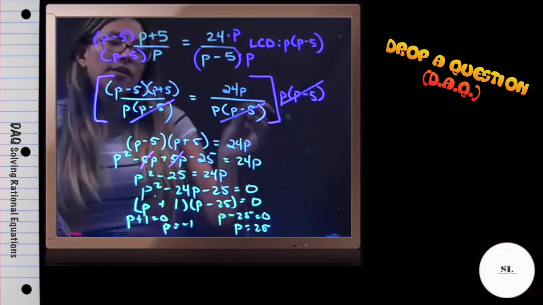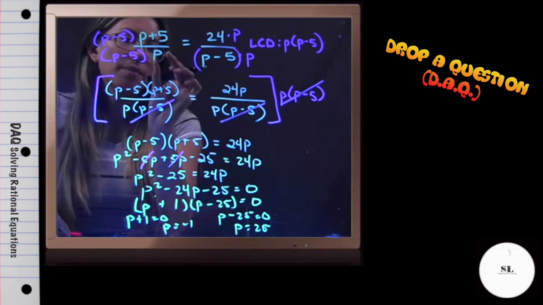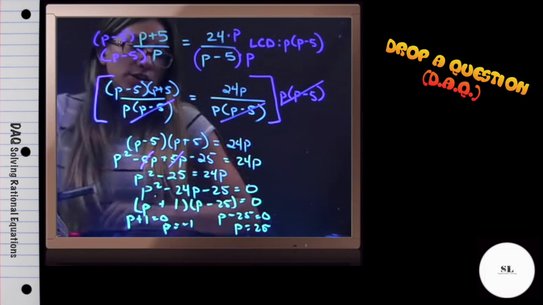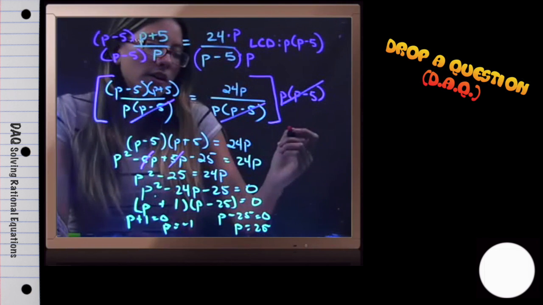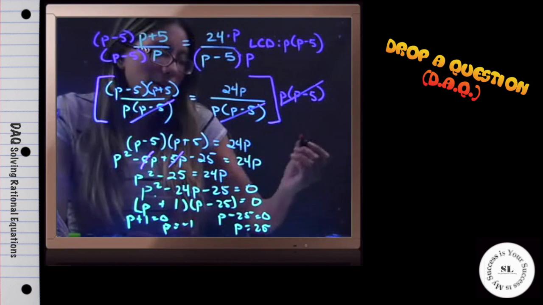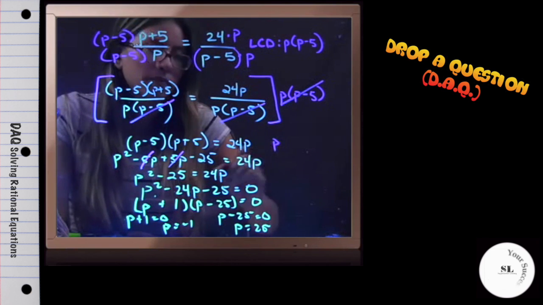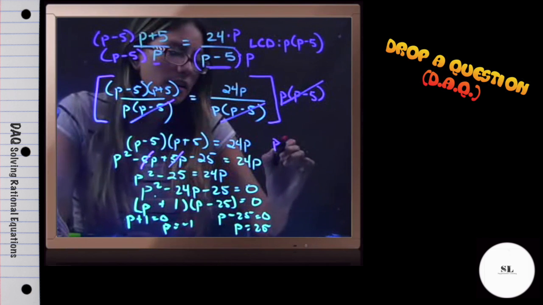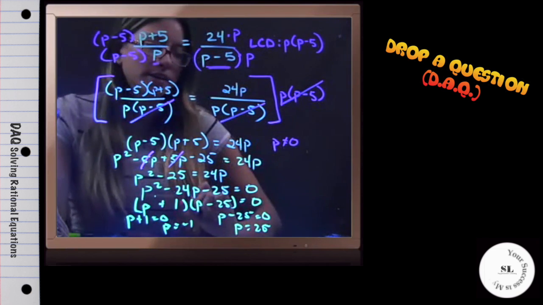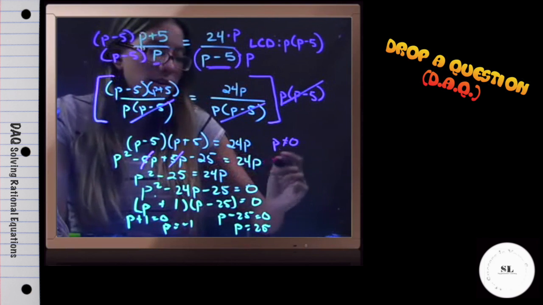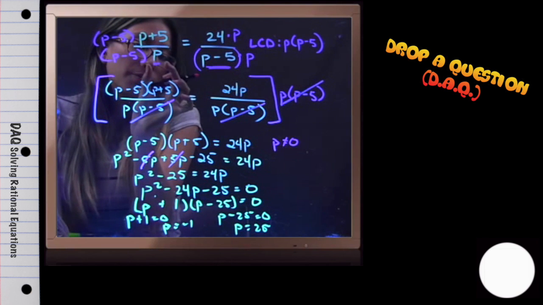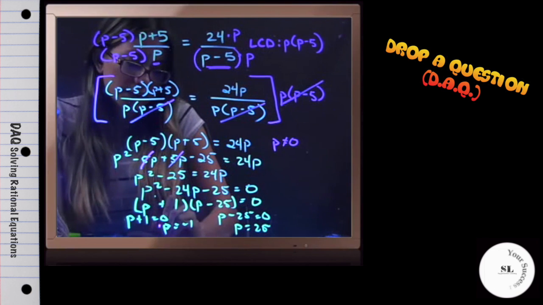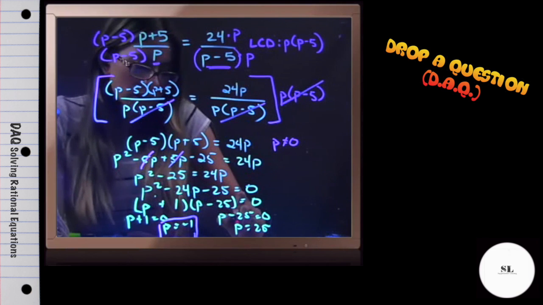But because in our very first equation we have that P and P minus 5 are in the denominators, we have to make sure that we're not dividing by 0. So you could choose to do this at the very beginning or at the end of the problem. But just to double check, this right here and this right here cannot be equal to 0 because mathematically we can't divide by 0. So from our first fraction, we have that our denominator can't be equal to 0, so we got to make sure that these answers cannot be 0.